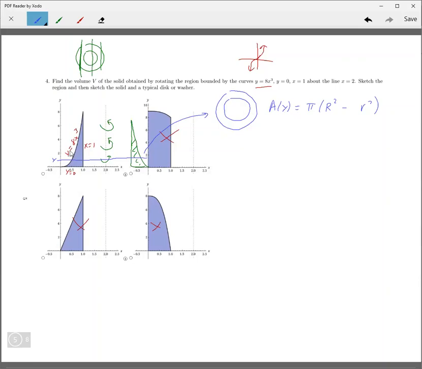Here we have y equals 8x cubed. We need to have x equals something. So we need to convert this by solving for x.